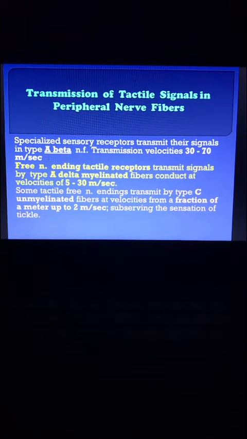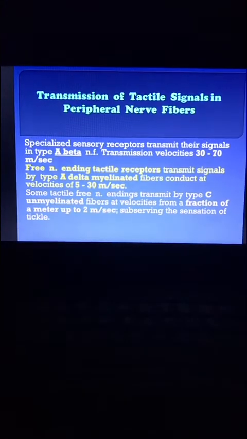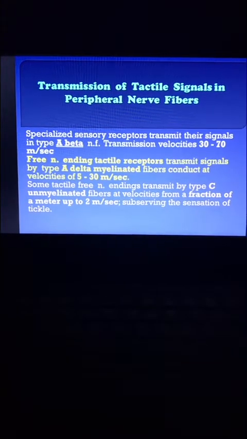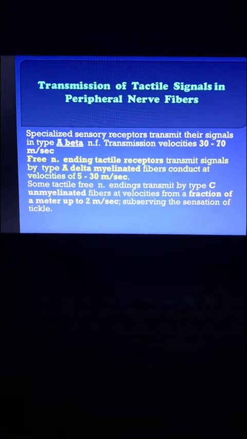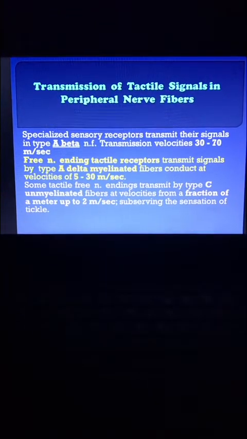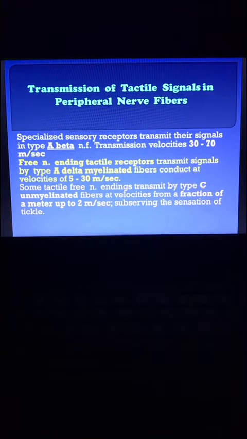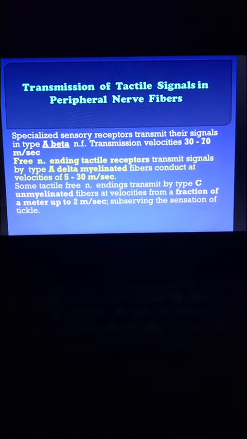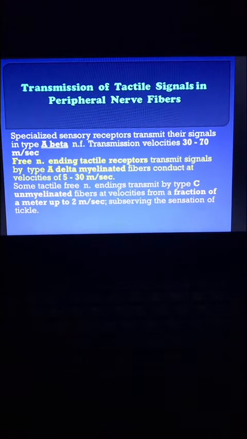It is very important to concentrate on the specialized sensory receptors, which need accurate and high velocity for conduction, while free nerve ending tactile receptors transmit signals by type A delta, also myelinated fibers, but the velocity is lower, about 5 to 30 meters per second.